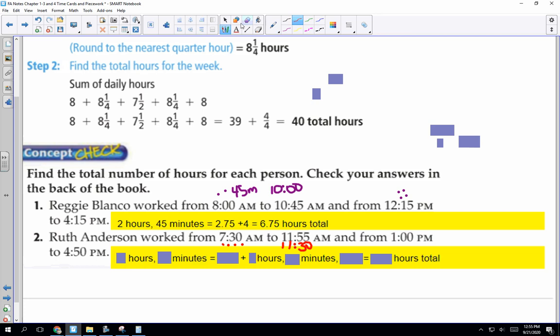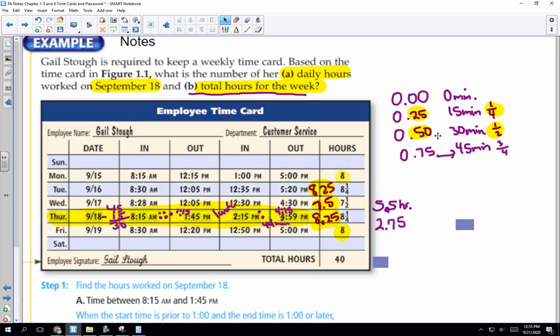So we have a total of 4 hours. And then 55 minus 30 is 25 minutes. So 4 hours and 25 minutes, we are supposed to round to the nearest quarter of an hour. So 25 is closest to 30 minutes. So that's why we use the 0.5.